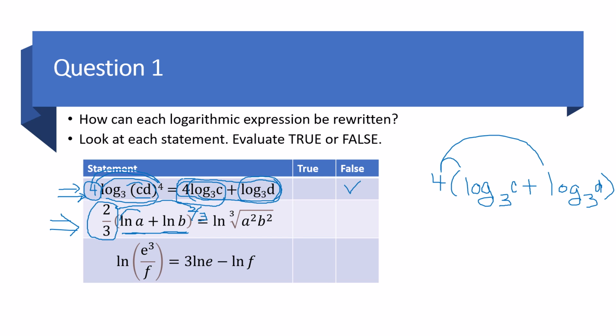The product rule, we're going in reverse now, means that we can write this as the natural log of A times B.